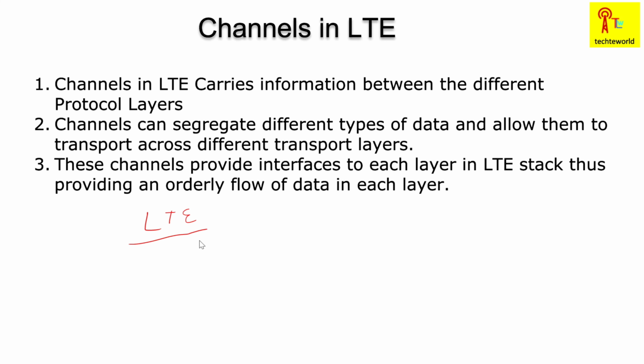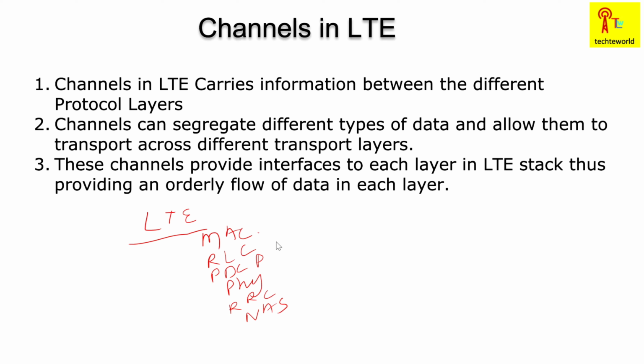We have the MAC layer, we have RLC, we have PDCP, we have the physical layer, we have RRC, we have NAS. So across different layers, information needs to travel in order for the communication to happen.